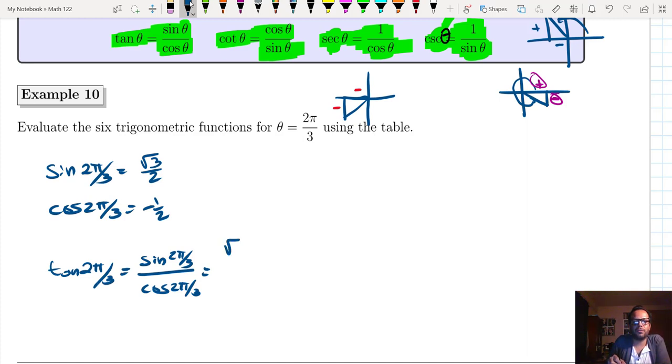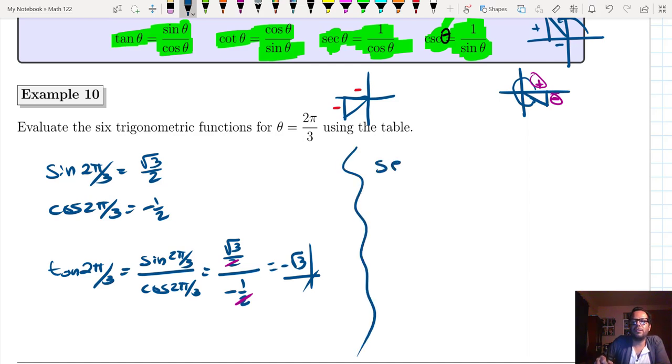So square root of 3 divided by 2, divided by negative 1/2. You can just cross out these 2's, and negative root of 3 is the tangent of 2 pi over 3. For secant, no, not secant yet.